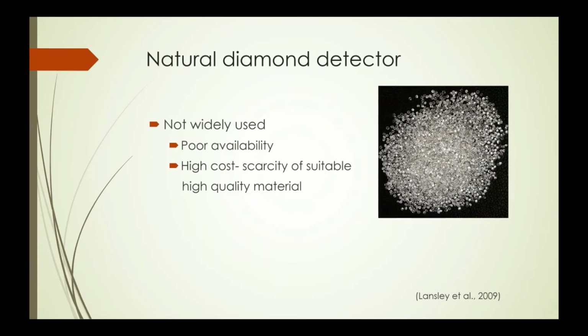There are two types of diamond source, the natural and the synthetic or CVD diamond. The natural diamond is not used widely because of its poor availability and high cost. This is because finding natural diamond that is suitable and high in quality for a radiation detector is rather hard.